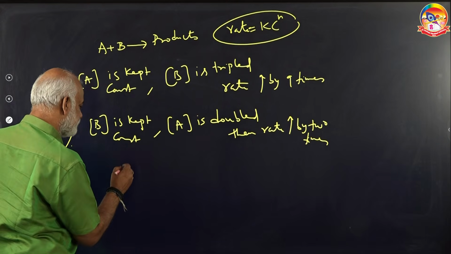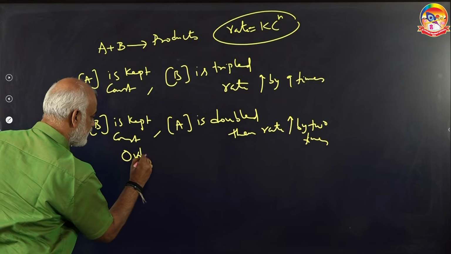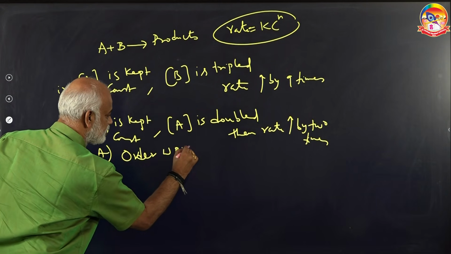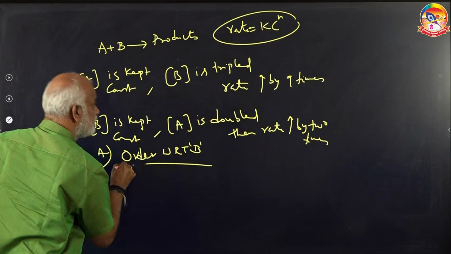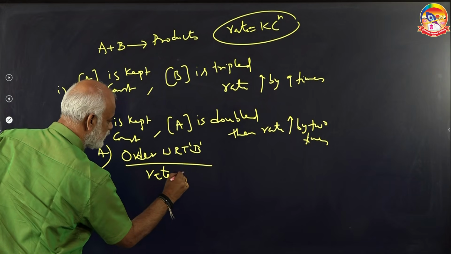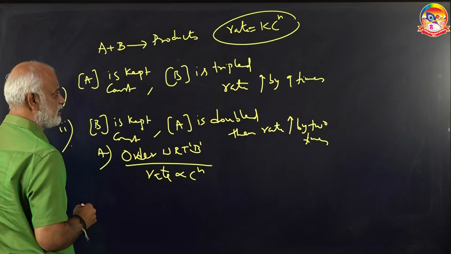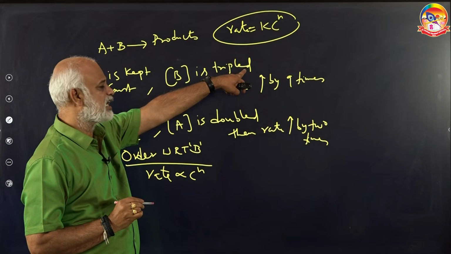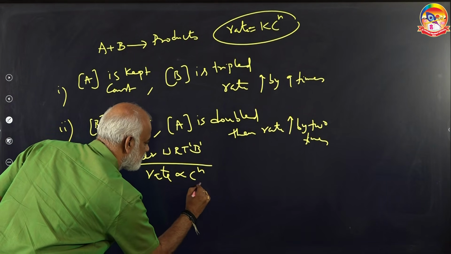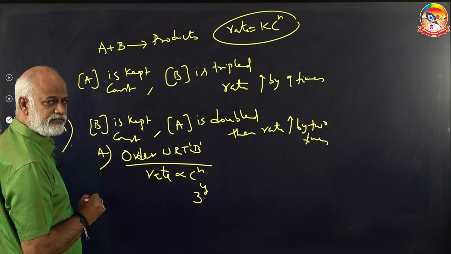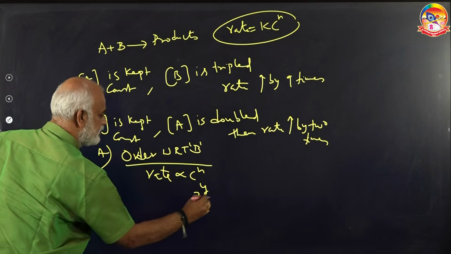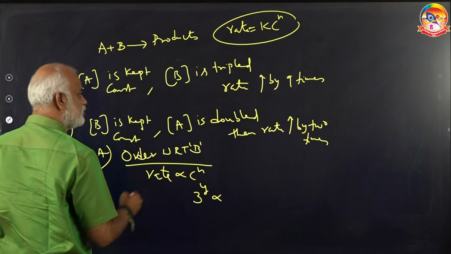So now tell me, order with respect to B. As you know, rate is always proportional to C to the power n. How many times has the concentration been tripled? 3 times. So 3 to the power y. y is the order with respect to B. That is 3 to the power y, and then proportional to rate.